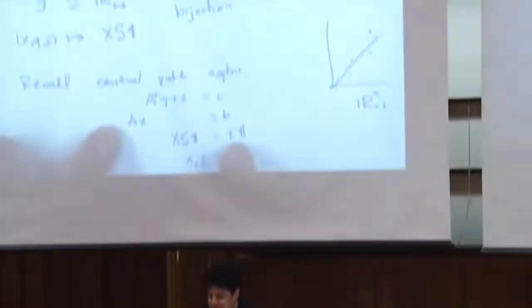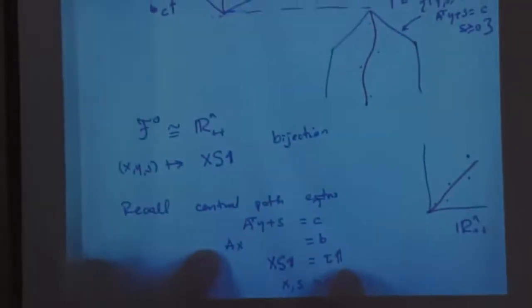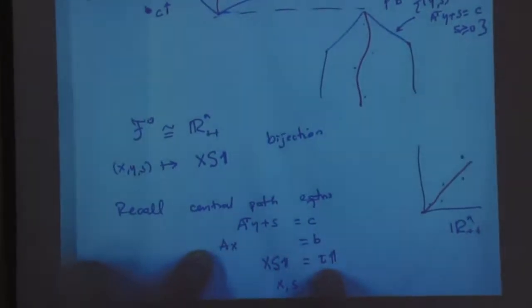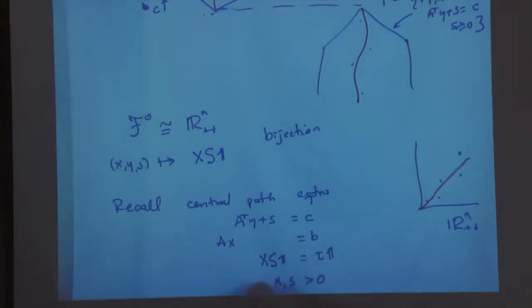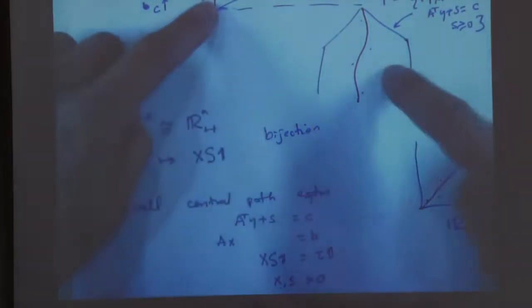So what is the Newton step? We attempt to chase points that satisfy these equations. We want to chase points that are on the central path, very much as you do for the barrier method. The difference is that this is a primal dual method because we are doing that both for the primal and the dual problems.